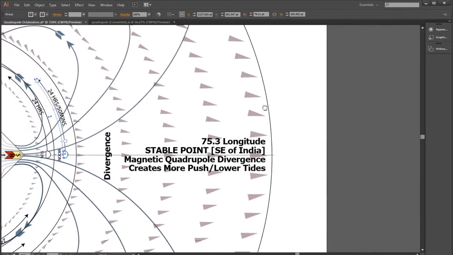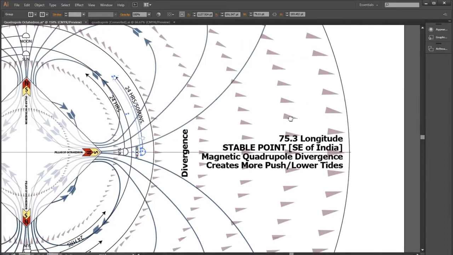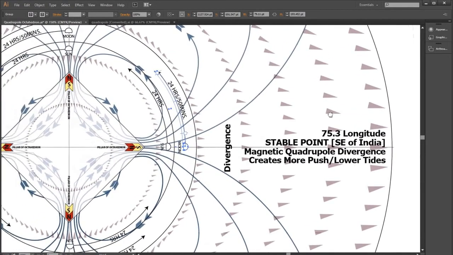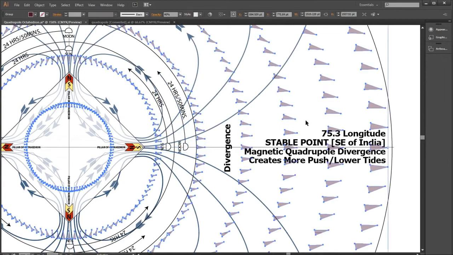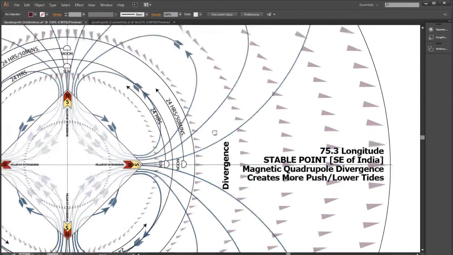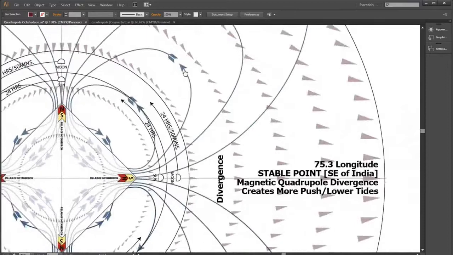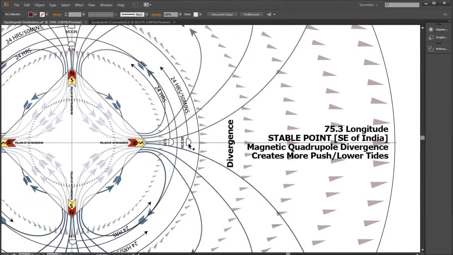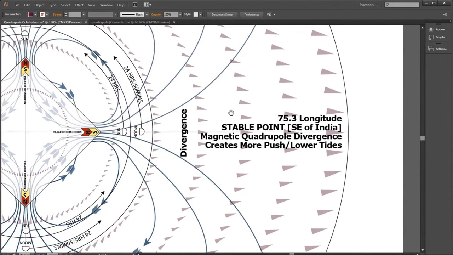So at the ground level, we have low tides, right? But because we have this energy, this etheric push, going the opposite direction, the moon or the sun acts, I want to say, like a buffer.